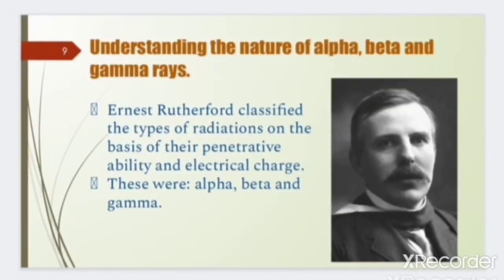Here comes another scientist, Ernest Rutherford. Ernest Rutherford did many experiments on studying the properties of radioactive decay. And finally, he was able to classify the types of radiations on the basis of their penetrative ability and electrical charge. And these were classified as alpha, beta, and gamma radiations.